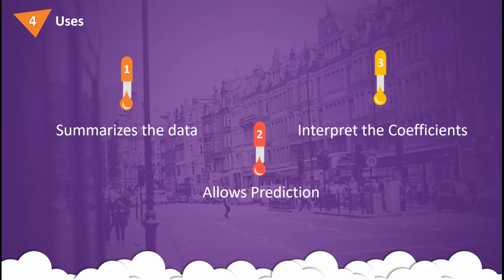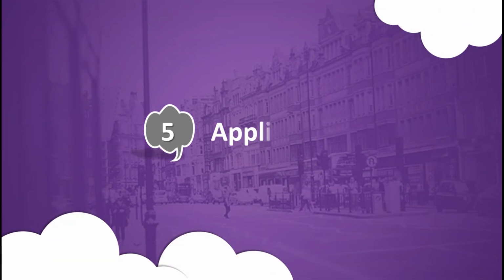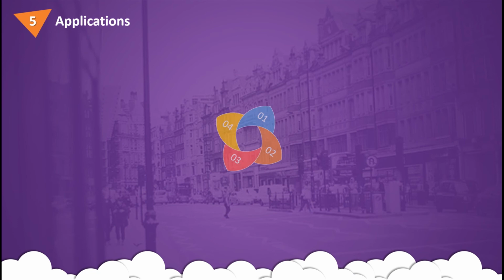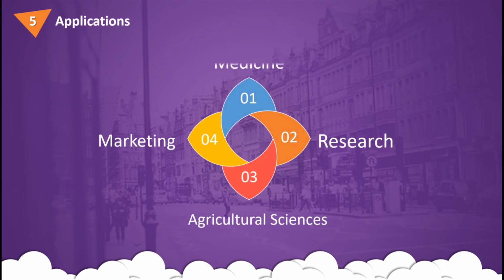Now let's move on to the applications of regression. There are so many fields where we use the regression analysis. Here I listed a few among them. First of all, medicine. To forecast the different combination of medicines to prepare generic medicines for diseases, we use the regression analysis concept.